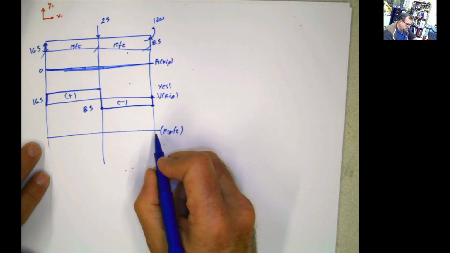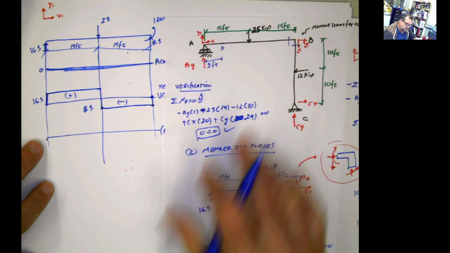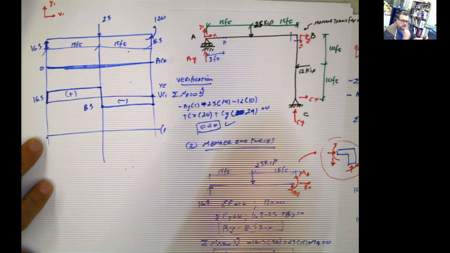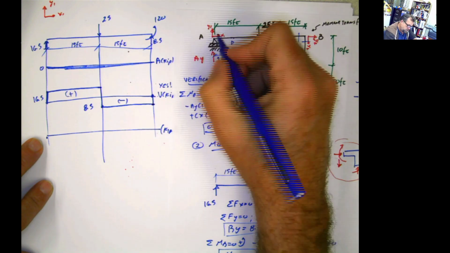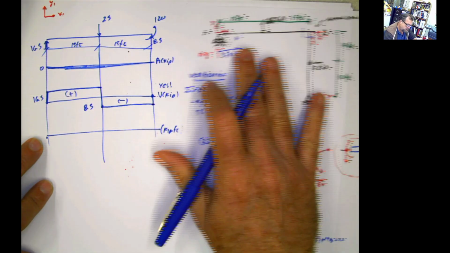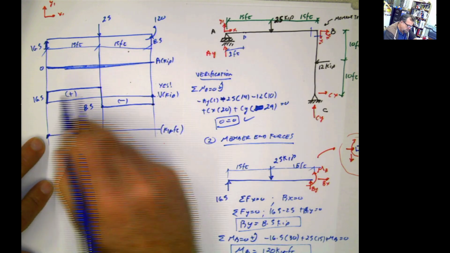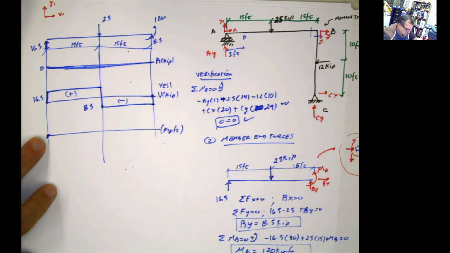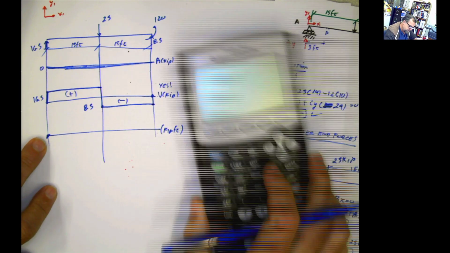Now we go to the moment diagram. Do you have any concentrated moment here? No way, Jose. This is a roller. If it's a roller, there's no moment unless you have in the beam or in the frame a concentrated moment, which you don't. So it starts from 0. And then you have this beautiful area here, which is 16.5 times 15.